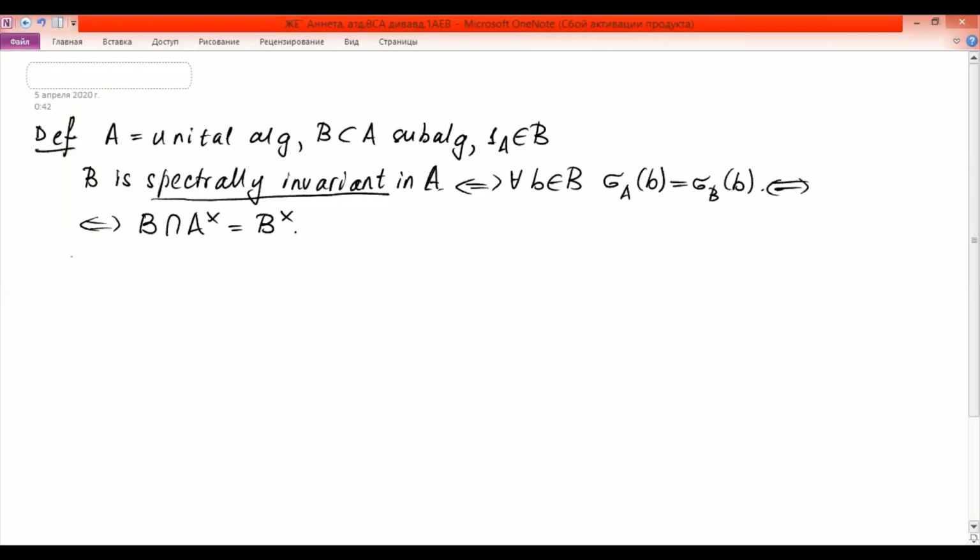Okay, so now corollary 2. Suppose that A is a unital C-star algebra.